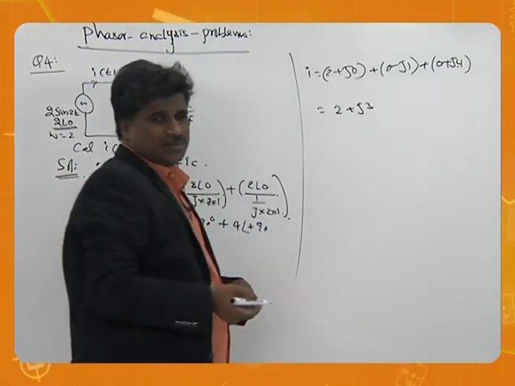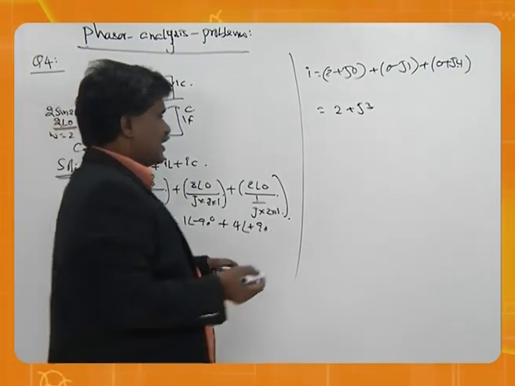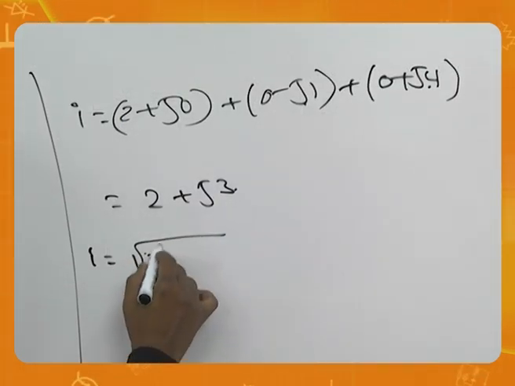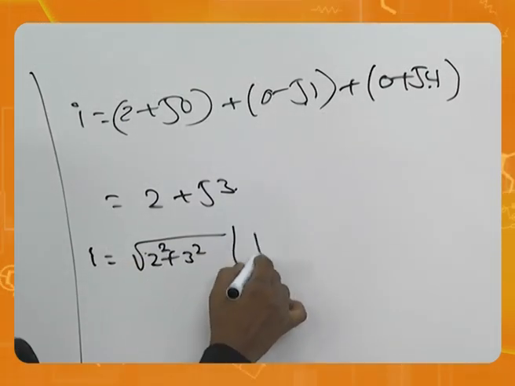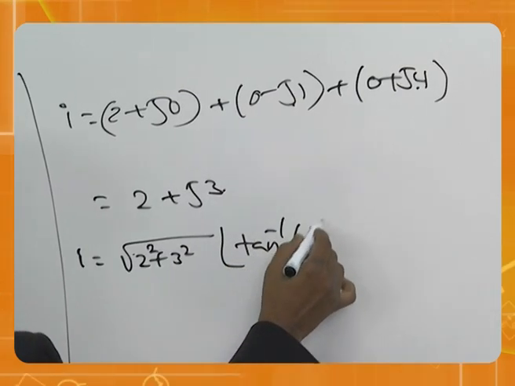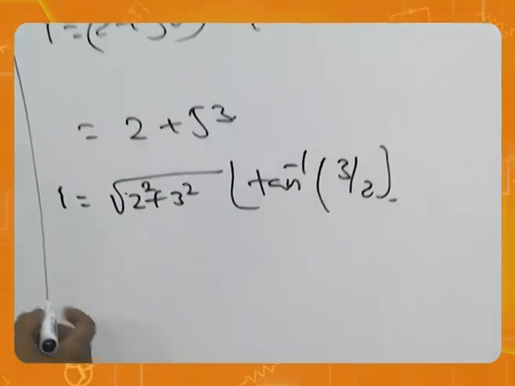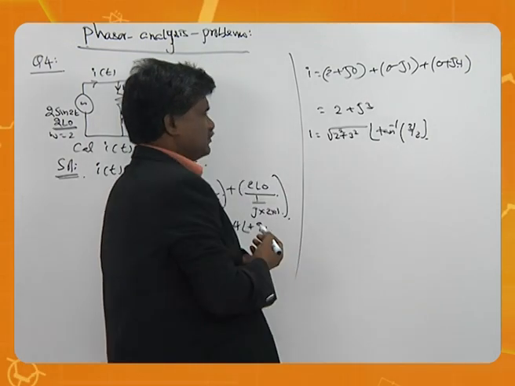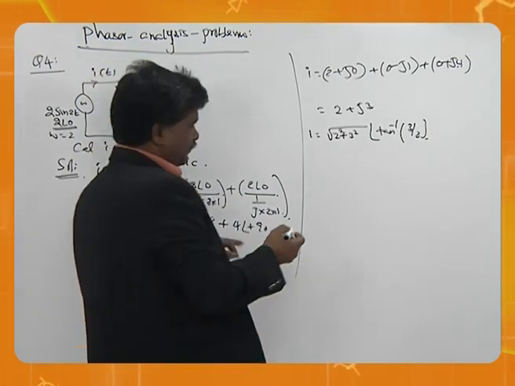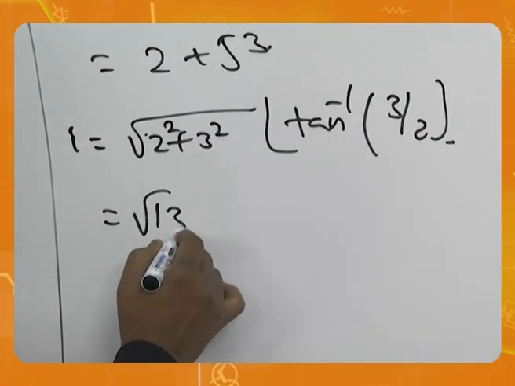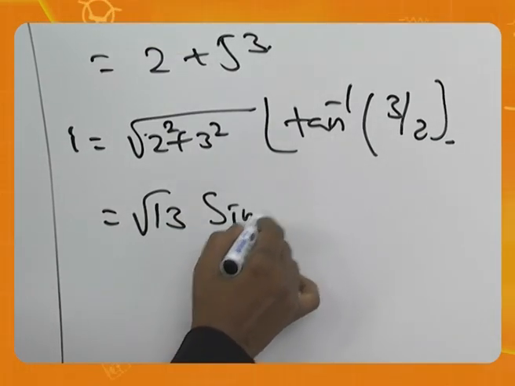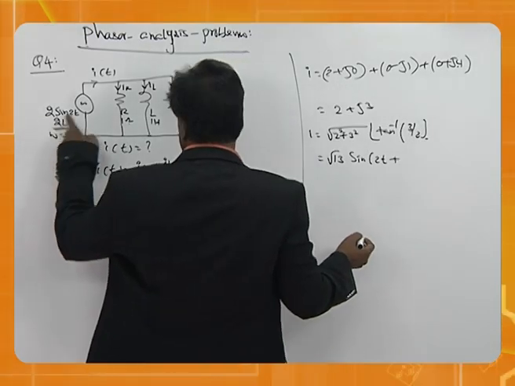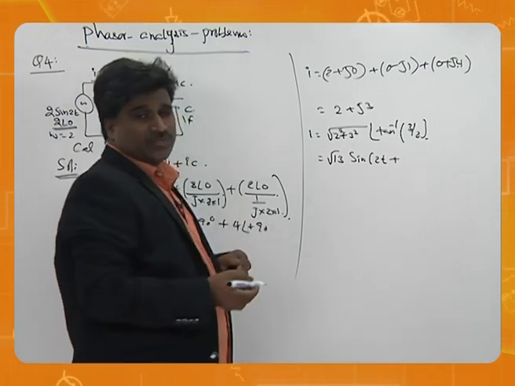That's the answer. So 2 plus j3 is an answer, but I have to convert it. 2 square plus 3 square is 4 and 9, root 13, with angle tan inverse of 3 by 2. This is nothing but root 13 sine 2t plus tan inverse of 3 by 2.